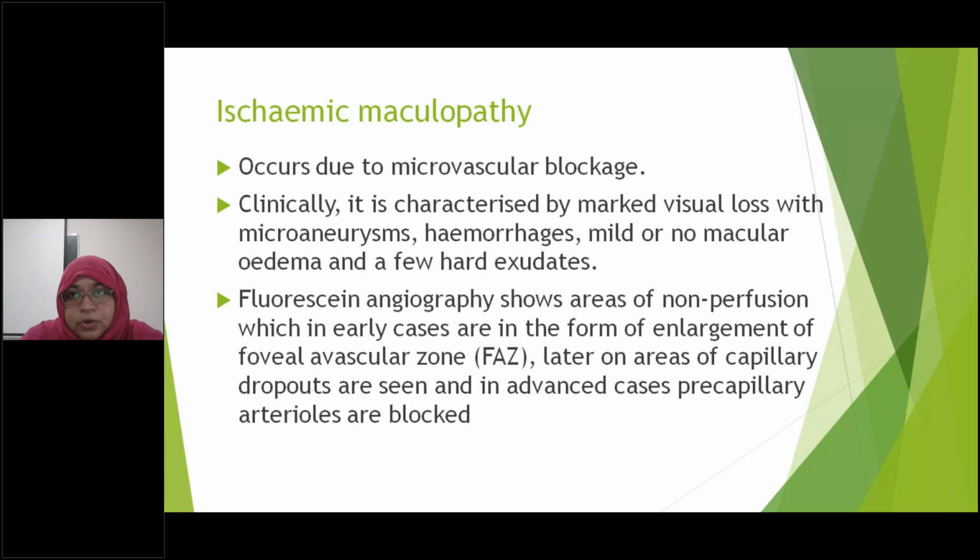There is a zone called the foveal avascular zone where perfusion is normally less. But in ischemic maculopathy, it starts as an enlargement of the foveal avascular zone, later areas of capillary dropout are seen, and in advanced cases precapillary arterioles are blocked.